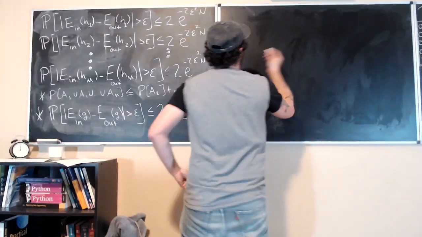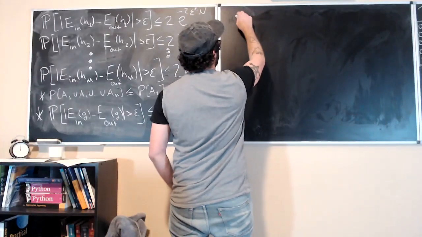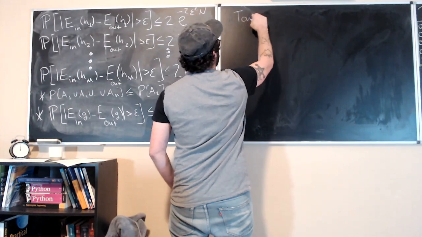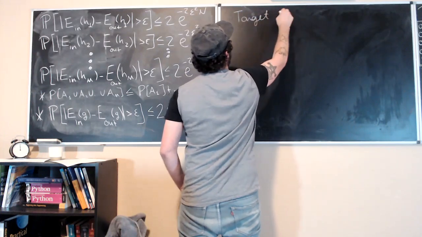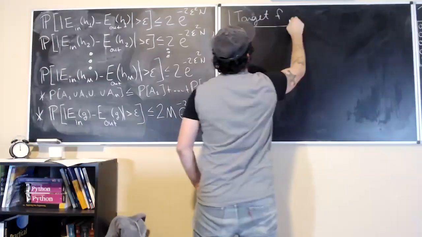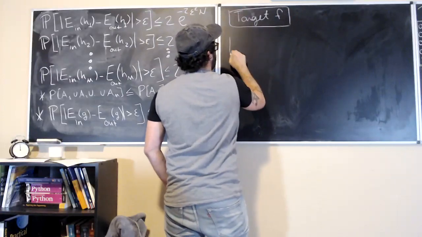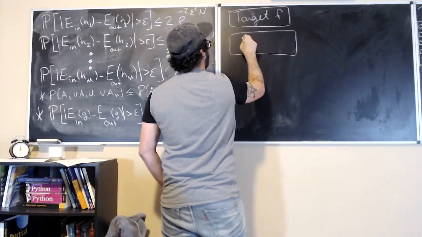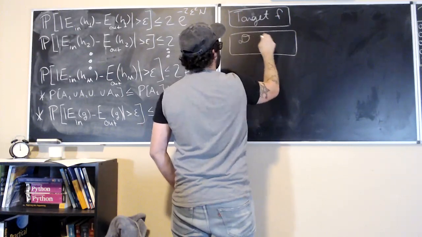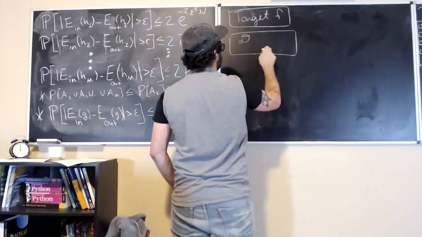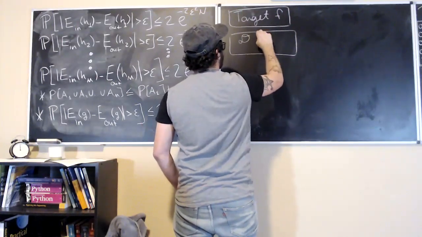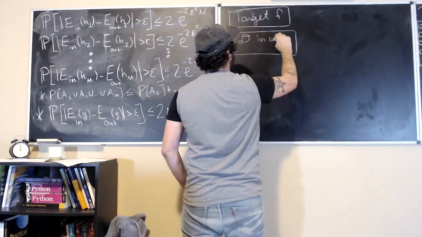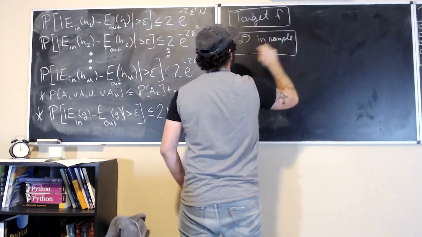So I'm going to draw those two diagrams again. So we have our target function f. We have our data D. So this is like our in-sample data.